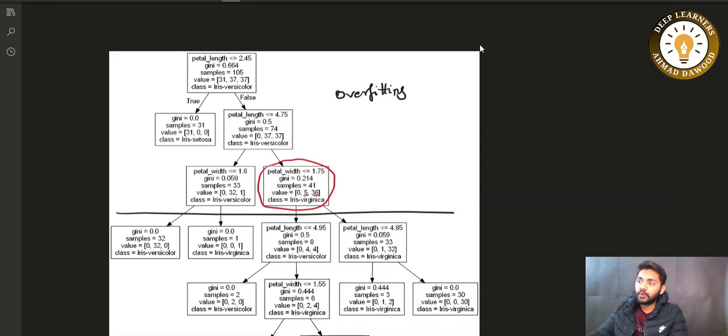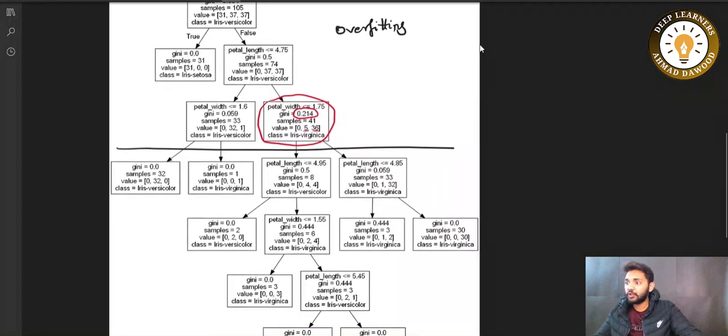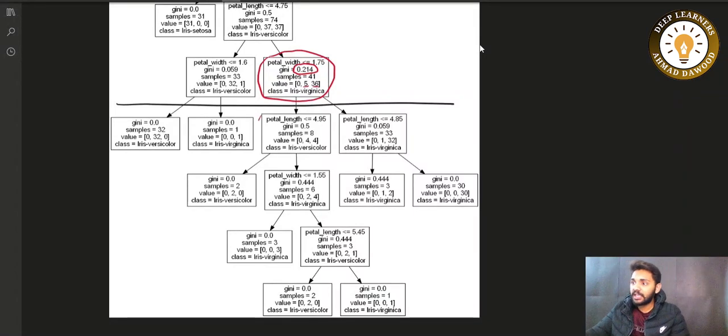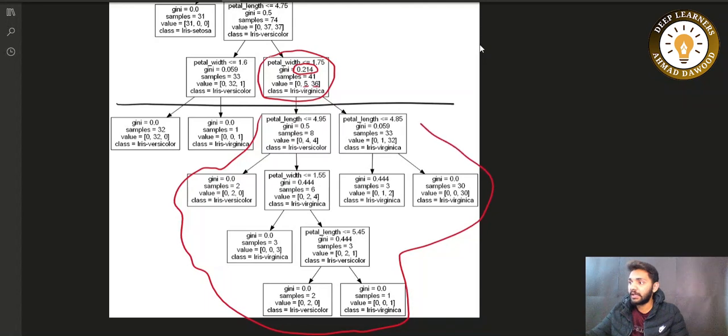But if you go on to remove the Gini impurity further, from 0.214 to 0, and you split these data points until you get pure leaves, then you can see a very big tree, or very tight boundaries, generated just to distinguish these 5 points from the other 36 points.